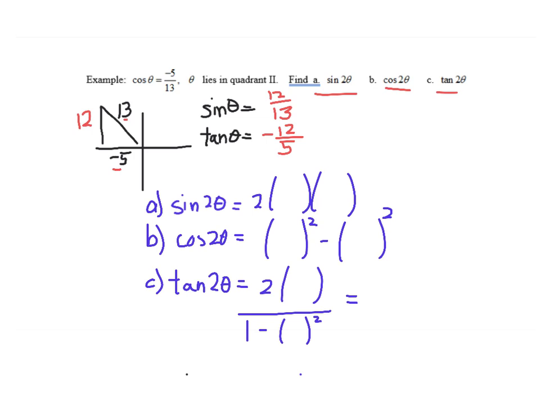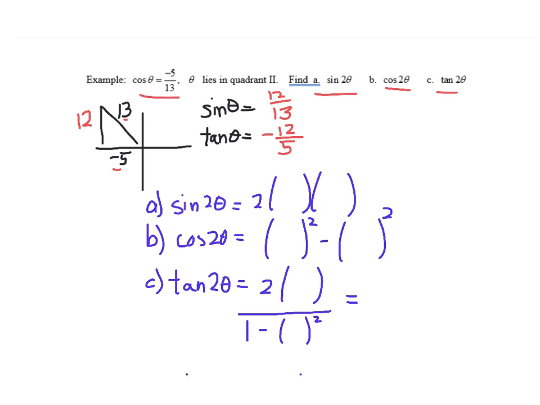Once again, it's very much easier if you have these formulas in your head. It comes very easily to you that way. But remember, we're not finding the angles, but what we are doing is knowing that sine of 2 theta is 2 sine theta cosine theta. So we'll fill in the parts that we're given from the above triangle.